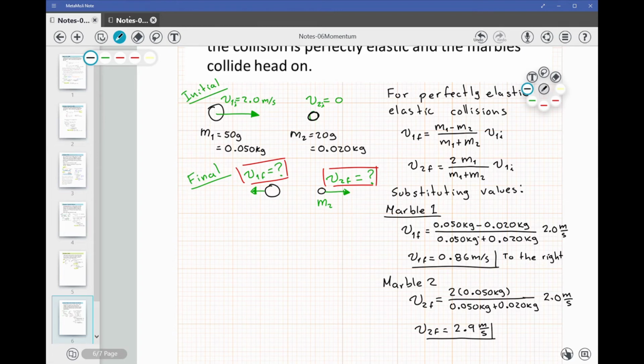So this is the final velocity for object 2. Since it's positive as well, that means object 2 is moving to the right.